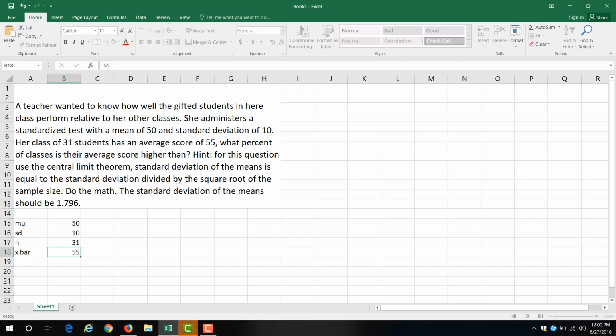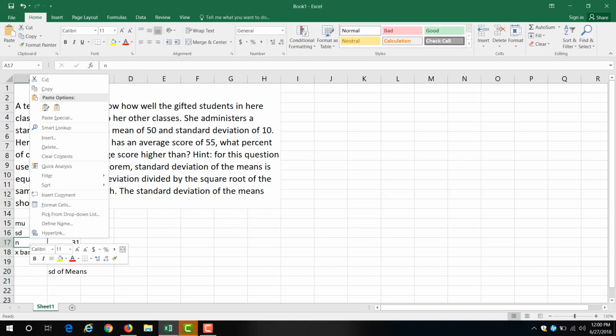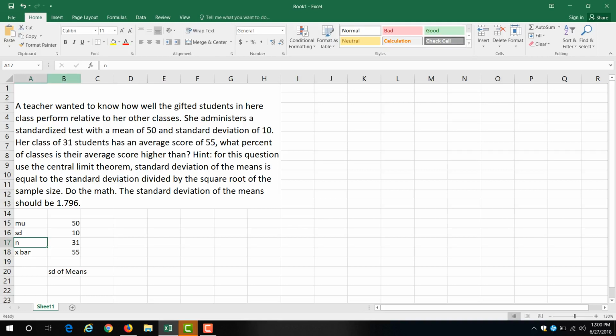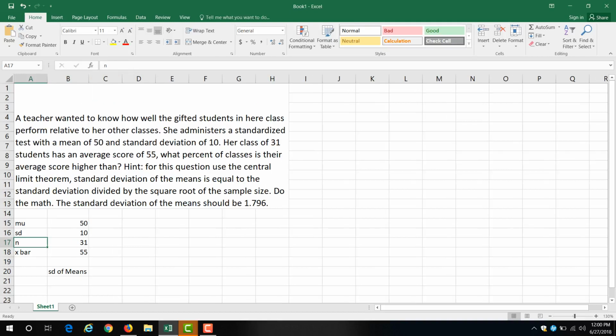55. So the trick on this is we're talking about averages, so we're going to use the standard deviation of the means. So I want to figure out the standard deviation of the means. Let me expand this just a bit so we get it all in. In order to do that, there's a formula.